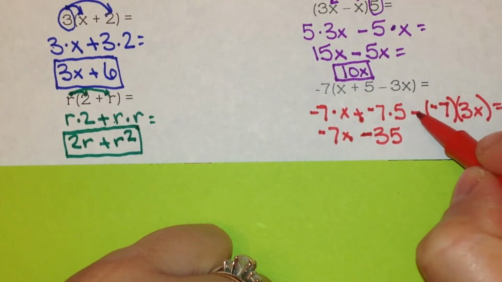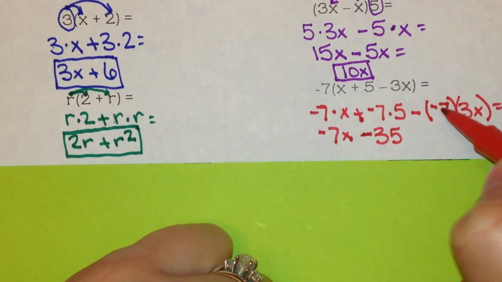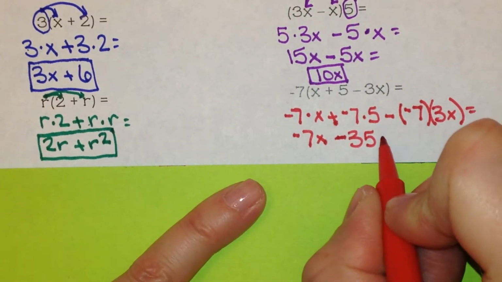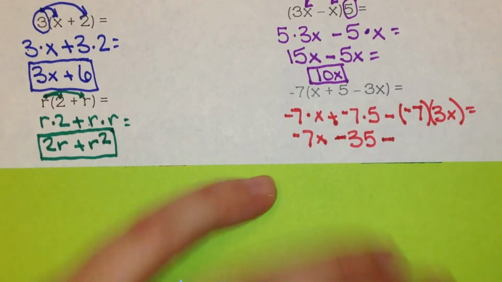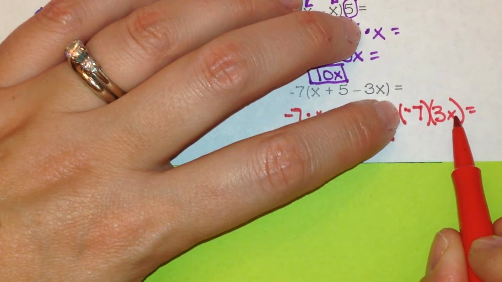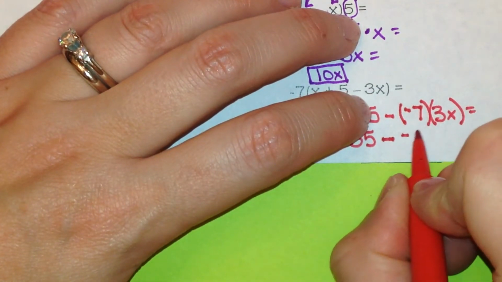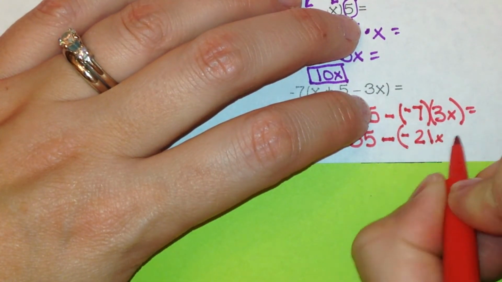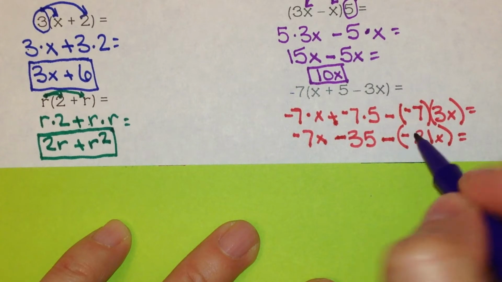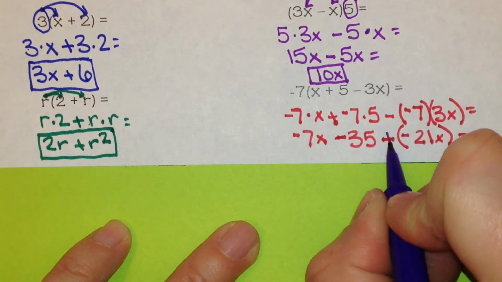Okay, I know that I'm going to have a minus and negative. I can deal with it in a minute, or I can deal with it now. I'm going to just bring down the minus. Negative 7 times 3, negative 21x. And again, because I have minus and negative, I'm going to put it in parentheses. All right, here, minus and negative. Change subtraction to addition.